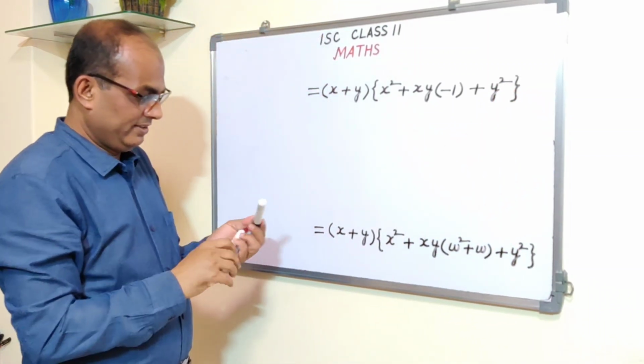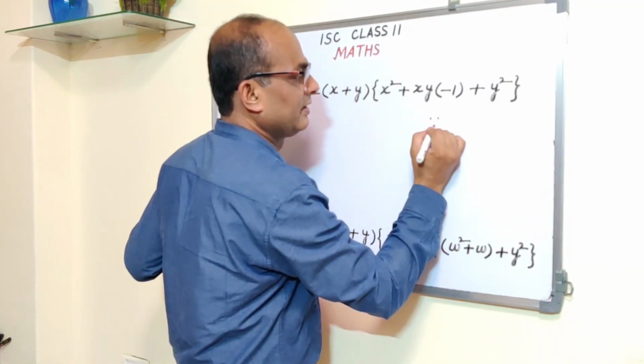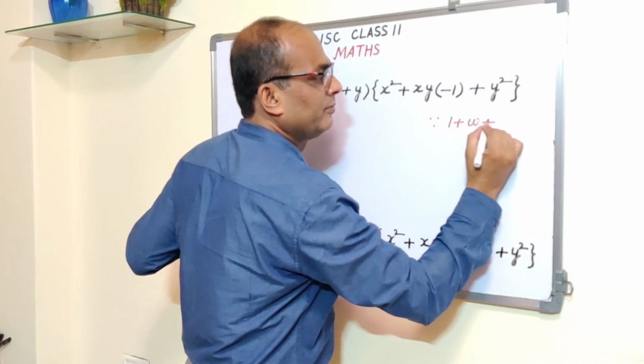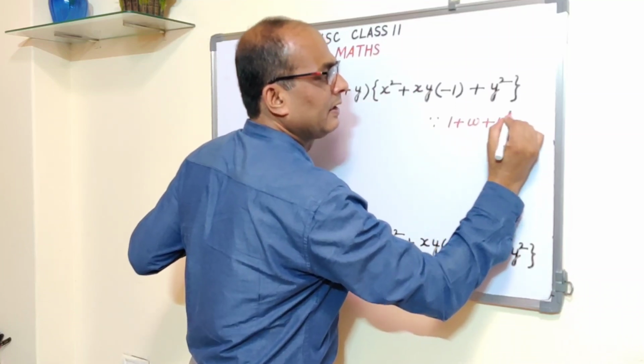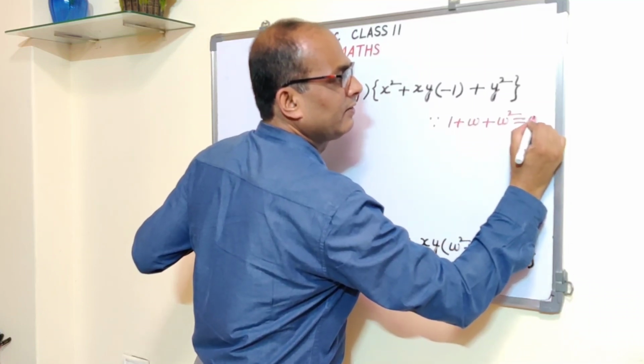Alright, here you can give the reason: since 1 plus omega plus omega square is equal to 0.